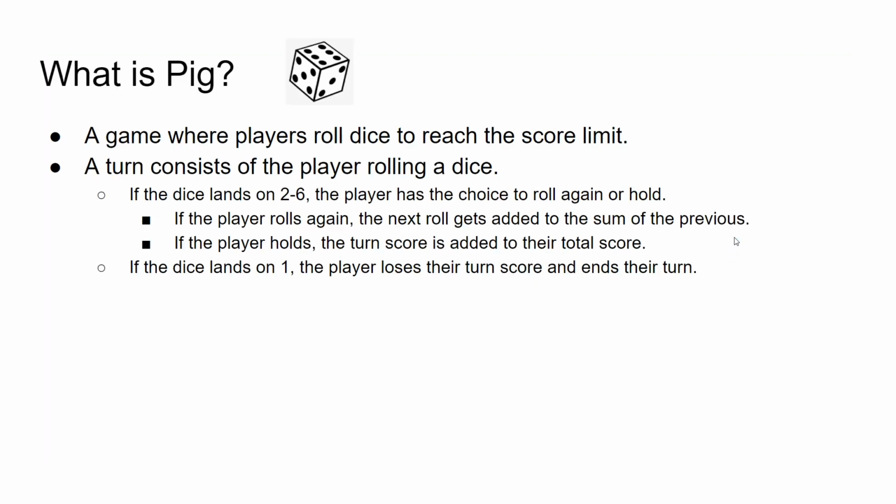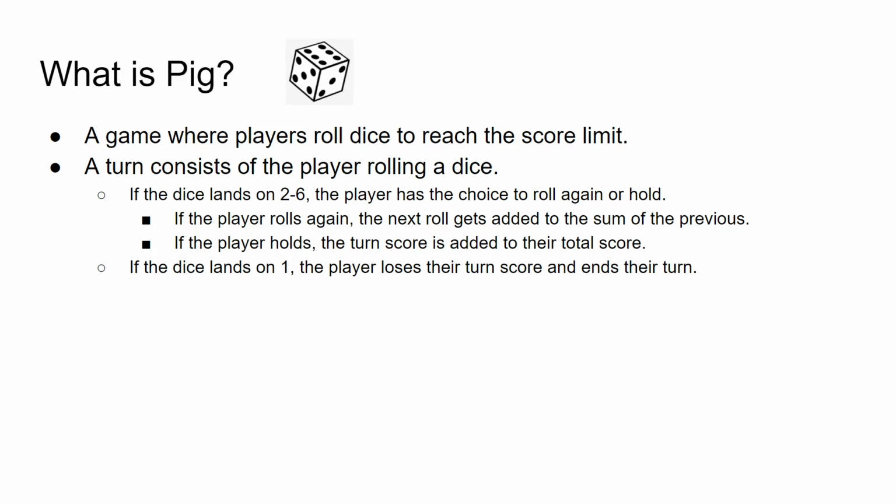So what is Pig? Pig is a classic dice game where players roll one dice to reach the maximum score limit of 100. A turn consists of the player rolling a dice. If the dice lands on 2 through 6, the player has the choice to either roll again or hold. Rolling again means that the next roll gets added to the sum of the previous.